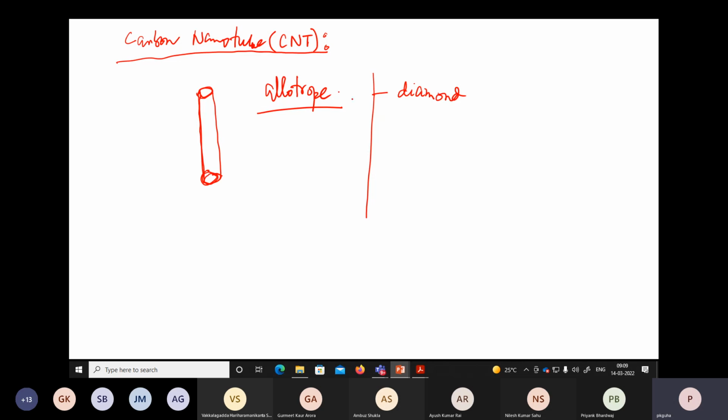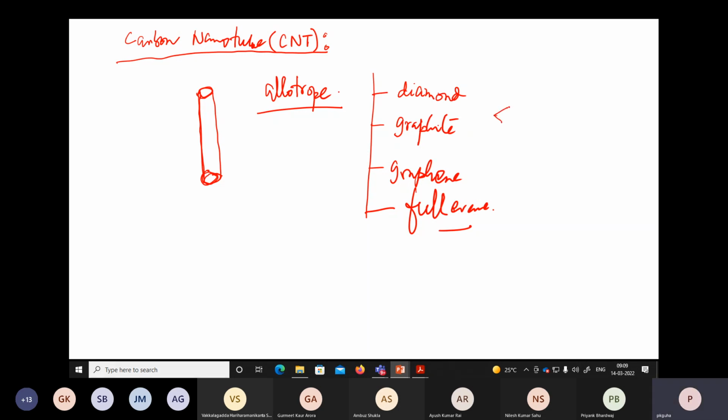There are other allotropes like graphite, which is an allotrope of carbon. For example, graphene is an allotrope of carbon. There is another known as fullerene. Fullerene is an allotrope of carbon. In graphite, it is like a hexagonal sheet.